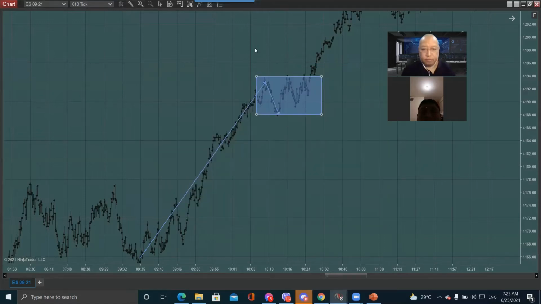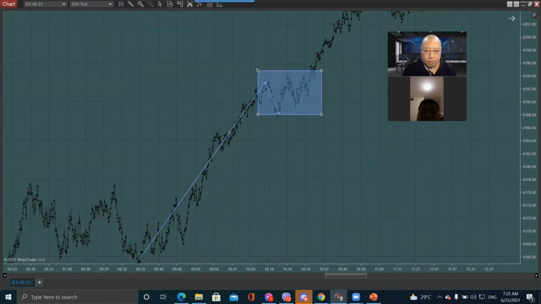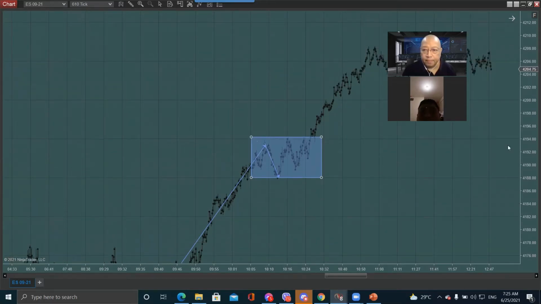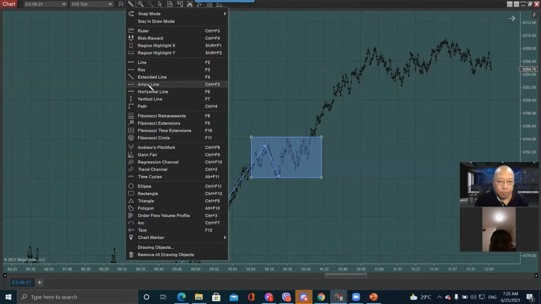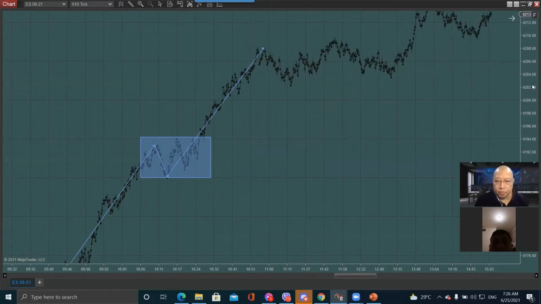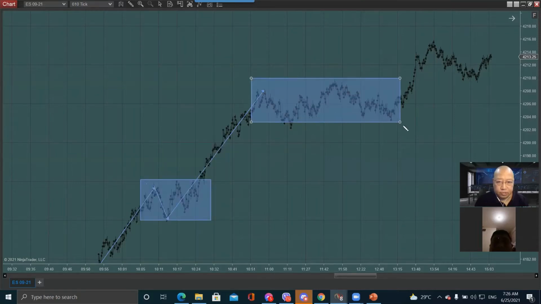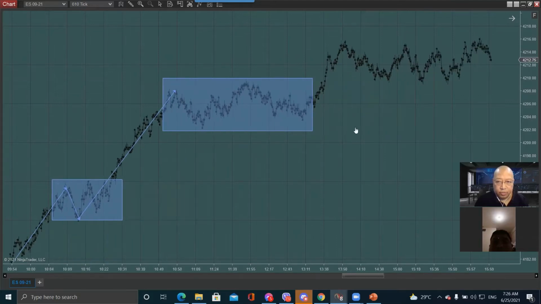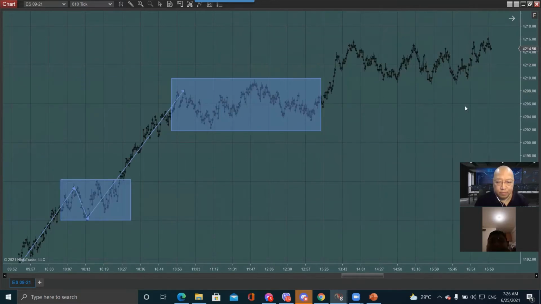And then you have your continued run, and then your consolidation here, and then continued run up, and then more consolidation and more slowly going up. So that's basically more of the macro.